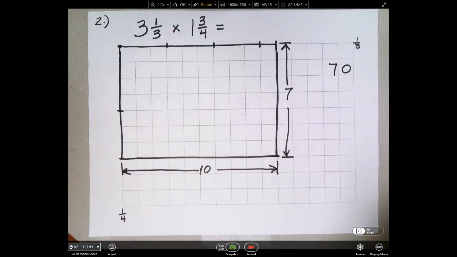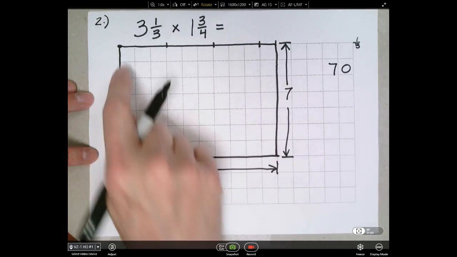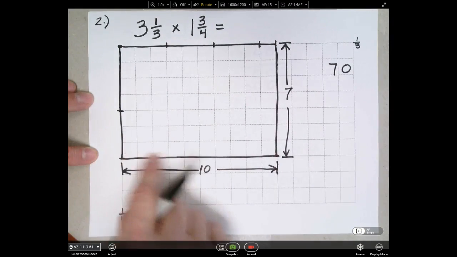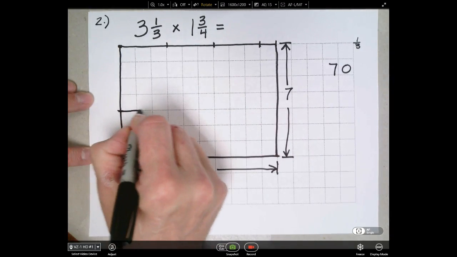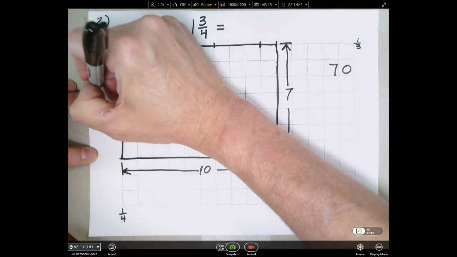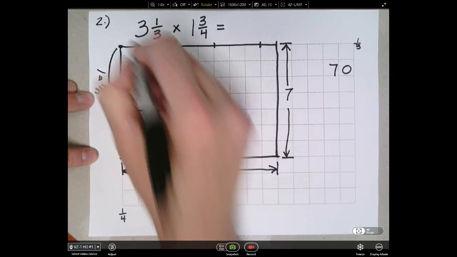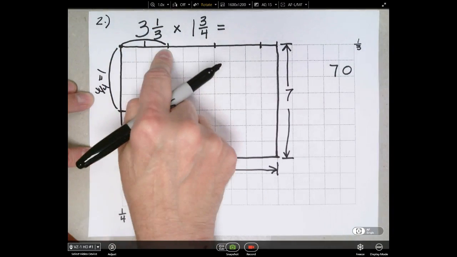Okay, but 70 what? That's the question that we need to answer next. We look at each box here and we said, well, these are less than a whole, because the whole is right here. This is 1, because we said this was 4/4, and that's equal to 1. And we said going this way that this is 1, because this is 3/3.